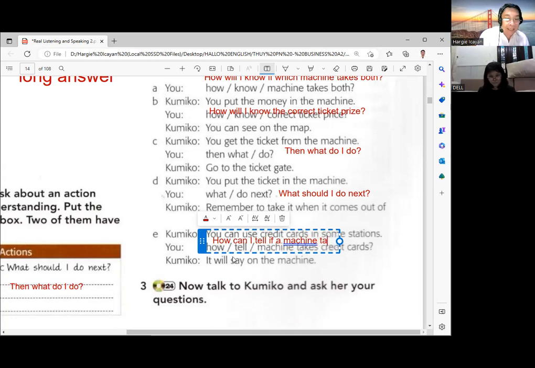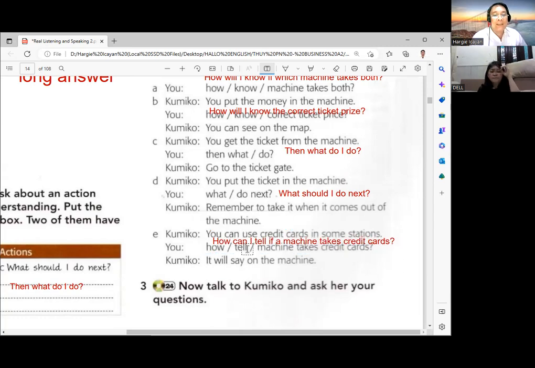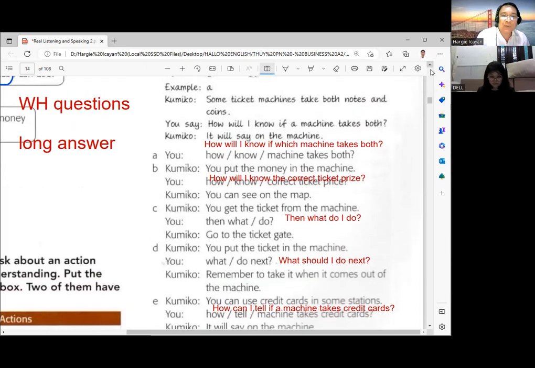Okay, so it's in the form of a question, and this one is not an action, but an understanding question. Again, it needs a long answer. So Komiko replied, it will say on the machine.